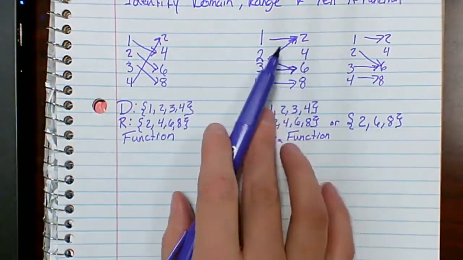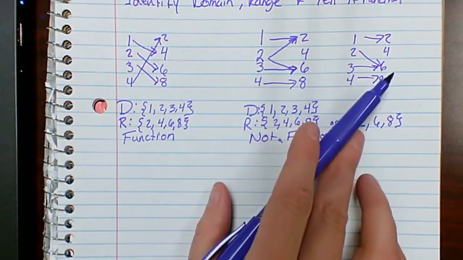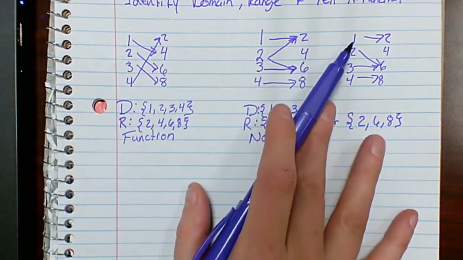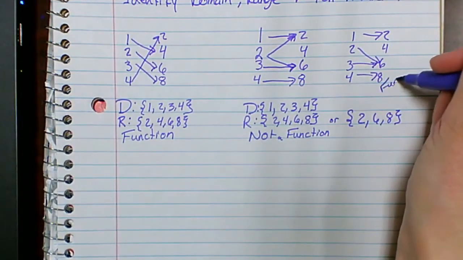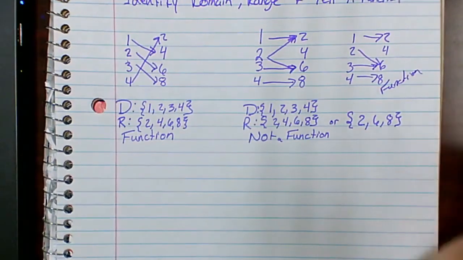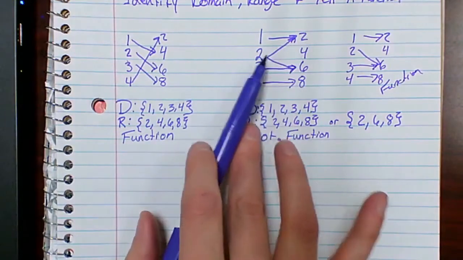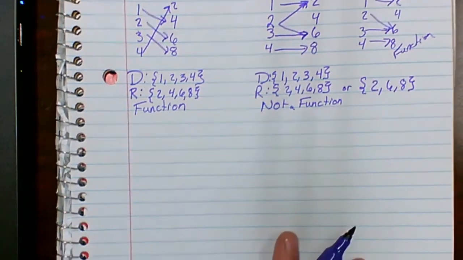So it's almost like saying a pen and a marker are both $6. So as long as one arrow is coming from each of these domains, it is a function. So this one is a function, whereas this one is not a function because 2 goes to 2 and 6. So those are maps, or relation maps.